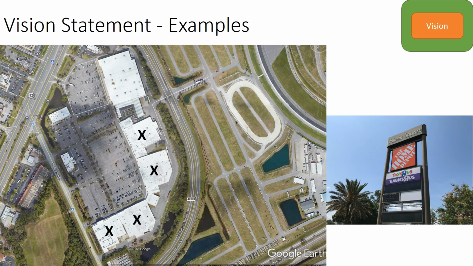But if you drive to this shopping center today, you'll find that it's mostly empty. The only thing that's still really active is the Home Depot. I think there are some restaurants down in this area that seem to be doing okay, but you've got this really underutilized space over here in this shopping center.